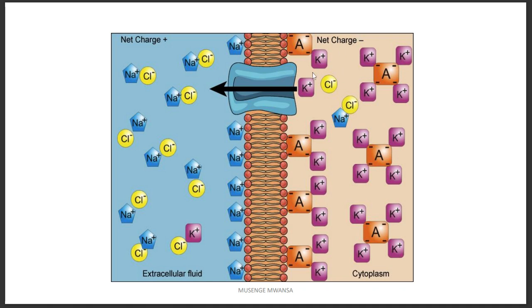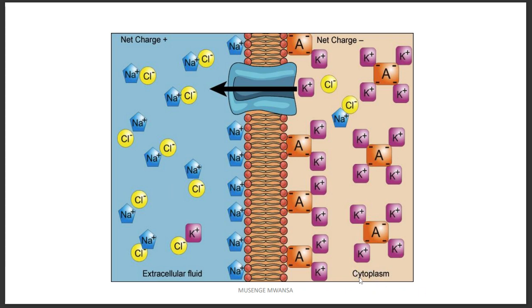So if this is outside the cell, this is inside the cell, we have got different concentrations. Particles are able to move in that way. So let's say, we've been told this is the cytoplasm, which is inside the cell, and this is the extracellular, which is outside the cell. Of course, we can also tell because we can see chloride ions which are mostly outside the cell.